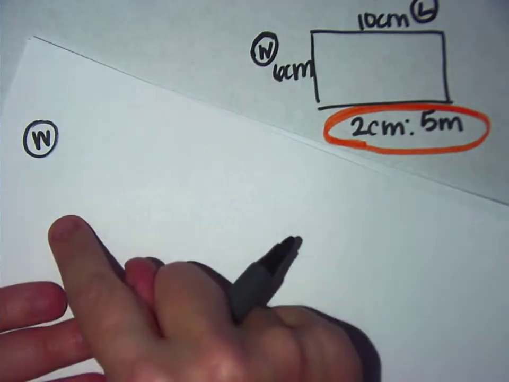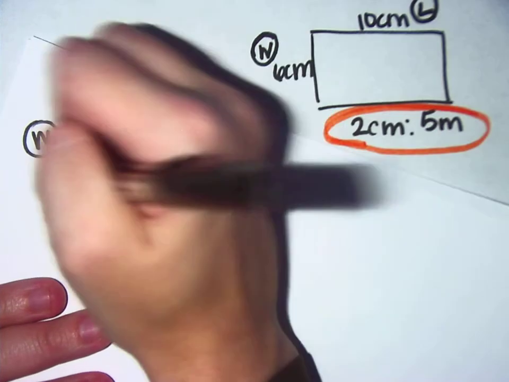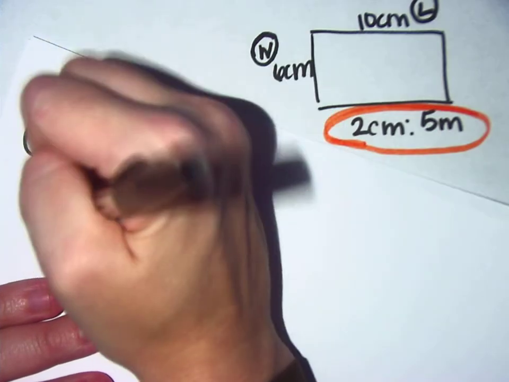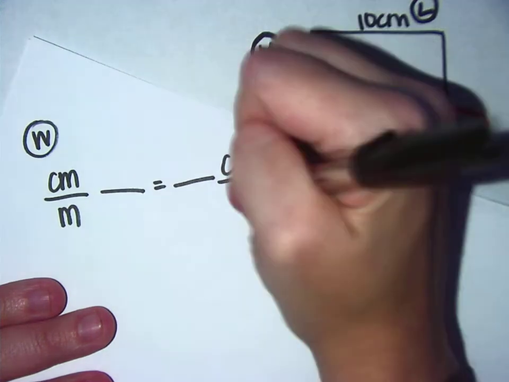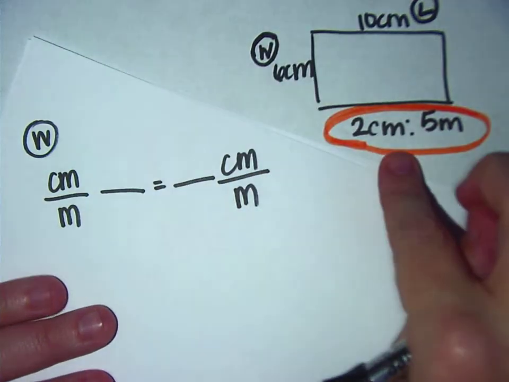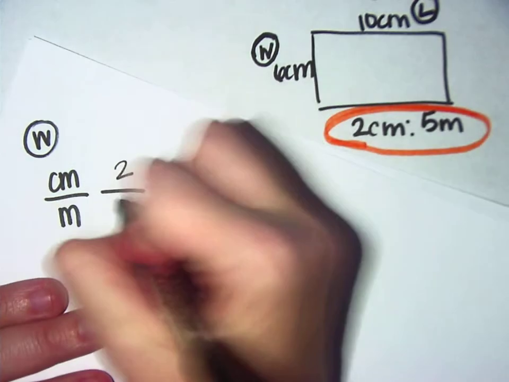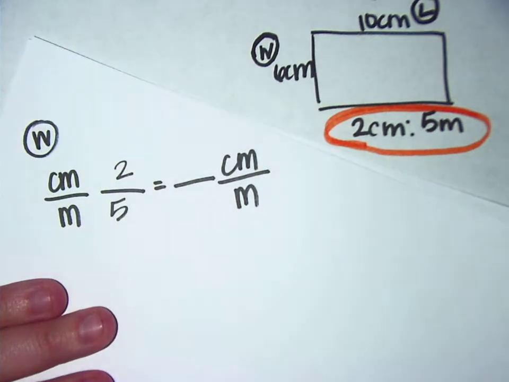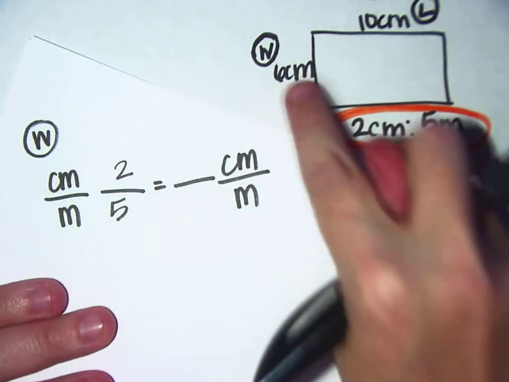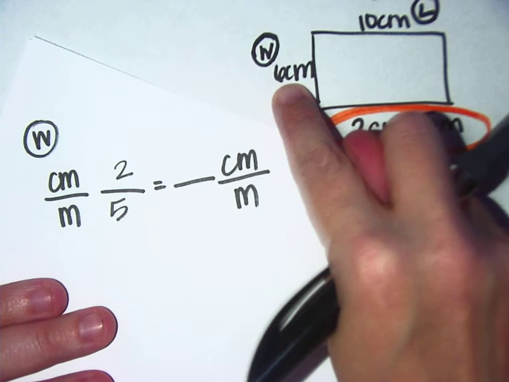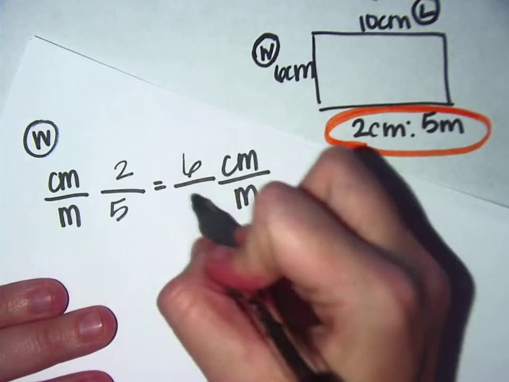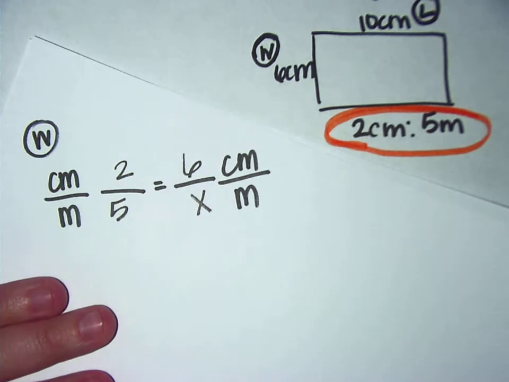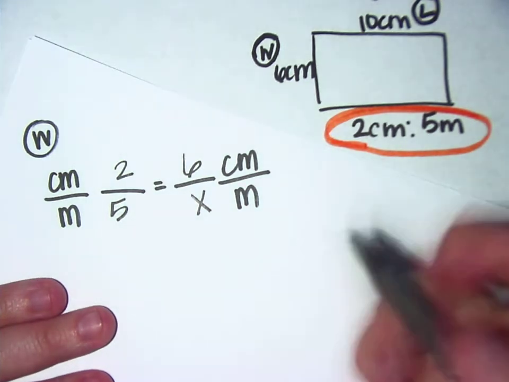And I'm going to set up my proportion the same exact way with centimeters over meters. And we're going to use the same exact scale, which is 2 centimeters equals 5 meters. And now we're going to plug in our width. Our width is 6 centimeters, so that goes at the top.